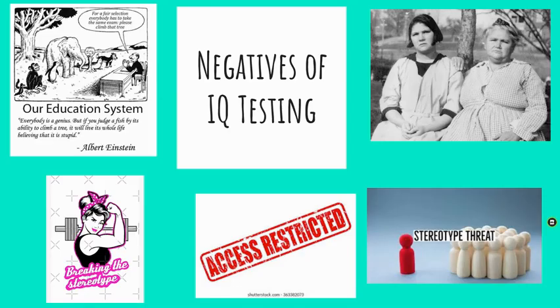It would determine military rank. It would determine what track you were set on in educational purposes, whether or not you could receive an education, where you could receive an education from, and what type of education that would look like. It impacted immigration status, whether or not you could come to the United States.